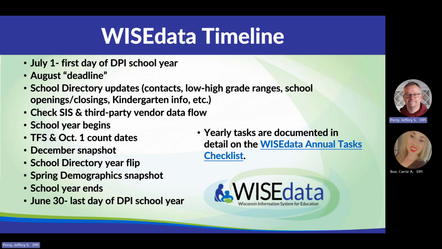Around May, most years, we have a spring demographic snapshot. This is a much smaller in scale snapshot, and it primarily concentrates on demographic information, and it's used in correlation with assessments primarily. Then the school year ends, and we have the June 30th last day of the DPI school year. And so that is a high-level overview of the WISEdata timeline.